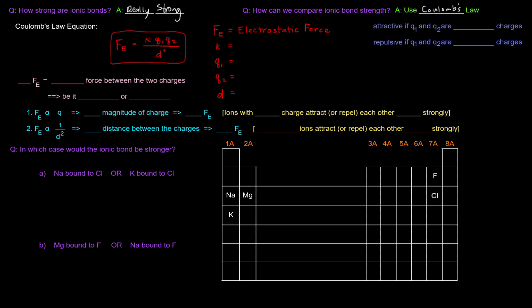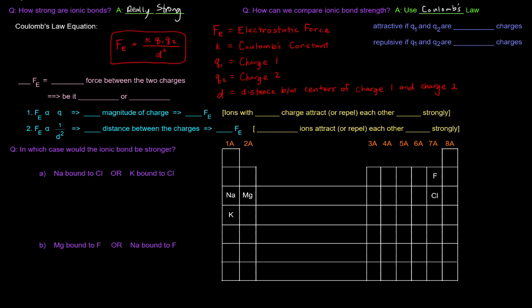Okay. k is Coulomb's constant, which we're actually going to ignore because it's a constant. We don't really need its actual value for our purposes. Q1 represents charge number 1. Okay. Q2 represents charge number 2. And d represents the distance between the centers of charge 1 and charge 2.